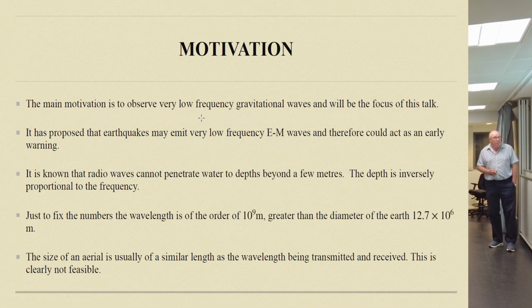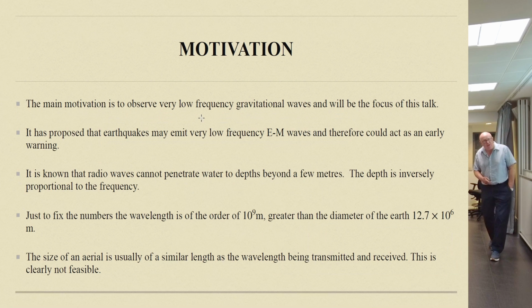Now, just to fix numbers, just so that we all remind ourselves, the wavelength that we're talking about here is 10 to the 9 meters. We're talking about a hertz or 0.1 of a hertz or something. And just to remind you, the Earth is smaller than that.